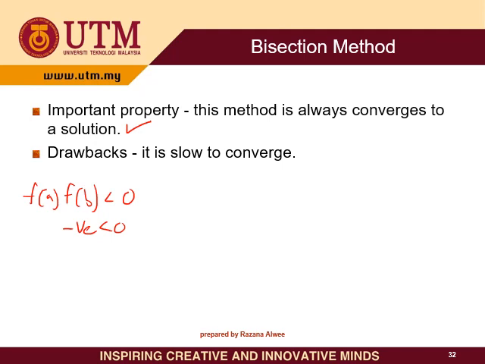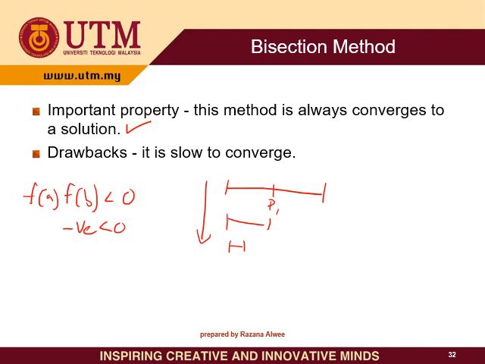The drawback is that it is slow to converge. It means that you need to find the P1, and then you need to do another iteration, and then another iteration until you find the answer. Usually you need to do it like this, so it takes time.